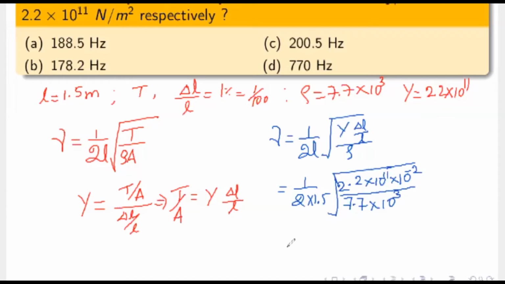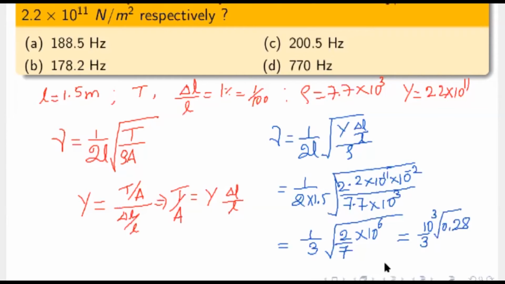So what we get is 1 over 3 into square root of, so you can write this as 22 by 77. So that is 2 by 7. 11 2 times is 22 and 11 7 times is 77. So this becomes 10 power 6. That can be written as 1 over 3 into 10 power 3, into root of 0.28.